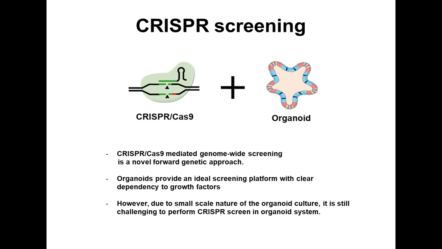Whereas in organoid, this is a miniature culture, so we have some capacity problem. The maximum culture we can achieve with organoid is probably up to like 100 as well. So the idea was how to compromise the gRNA library as small as possible that can be carried over by organoid with a maximum size of culture.